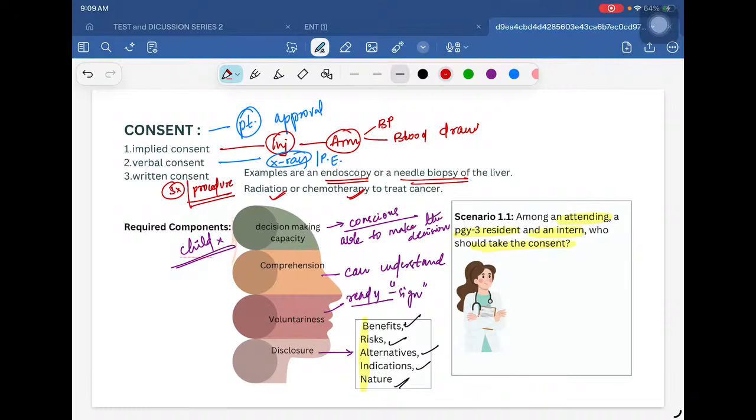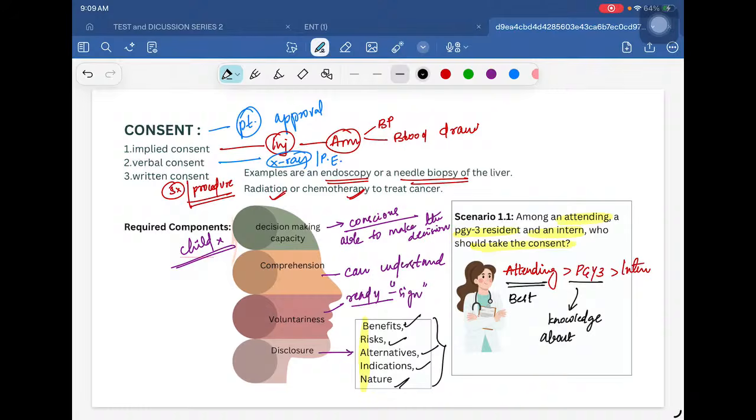If there's an attending, a PGY3 and a PGY1 or an intern, the best one is, very good, attending. So attending, followed by PGY3, followed by intern. Best is attending if they are available. PGY3 also can take it, considering they have enough knowledge about the procedure and its after effects.